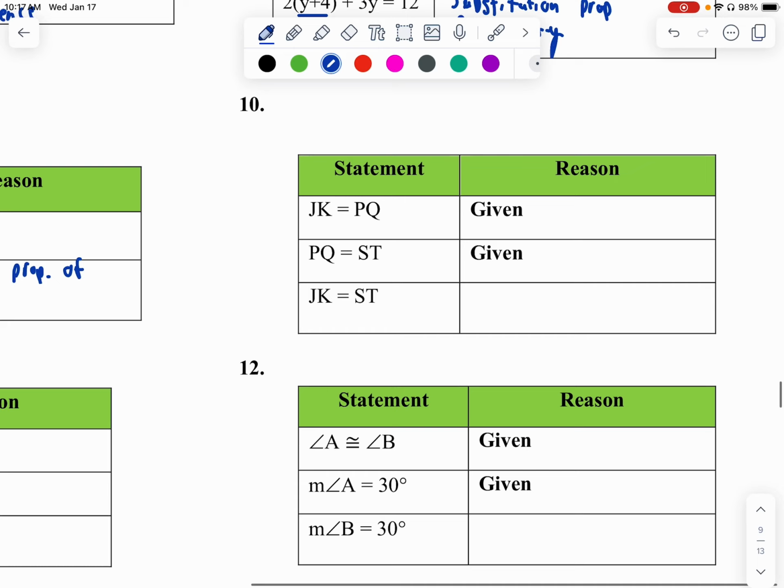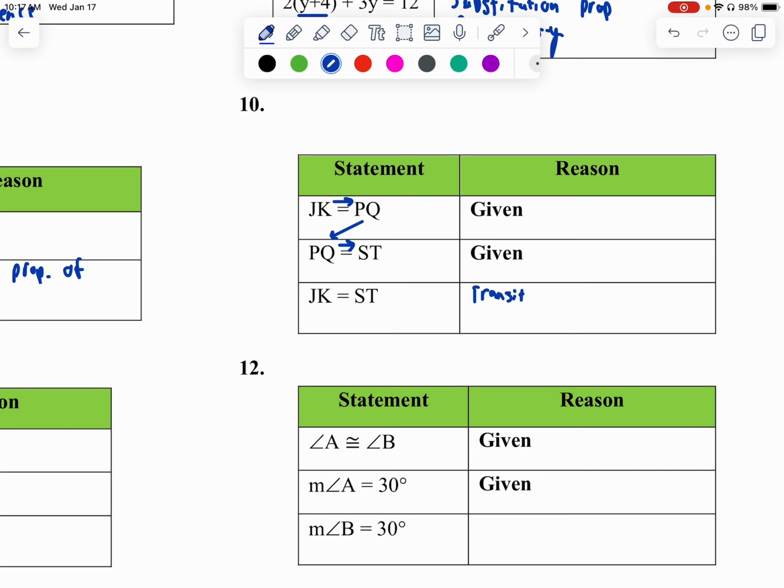Moving to number 10, we have some line segments here. It says JK equals PQ, PQ equals ST, and JK equals ST. So again, let's see what's changing here. I'm seeing two different correct answers. First of all, we have this path here, JK to PQ, PQ to ST. Anytime we see that path, this could be the transitive property of equality.